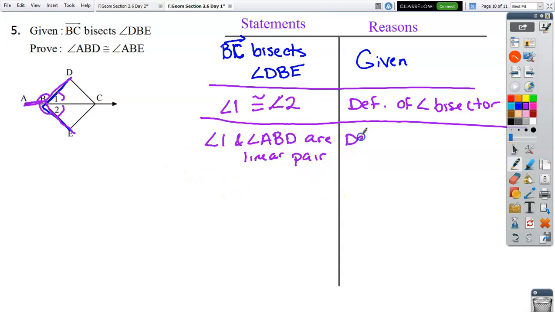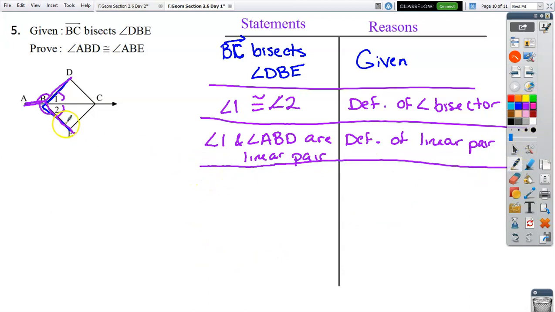That's the definition of a linear pair. I'm going to grab a different color. Next, same thing with angle 2. Angle 2 and angle ABE are a linear pair. And again, definition of linear pair.